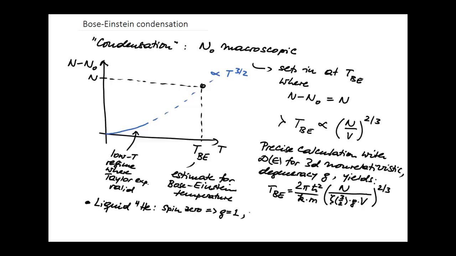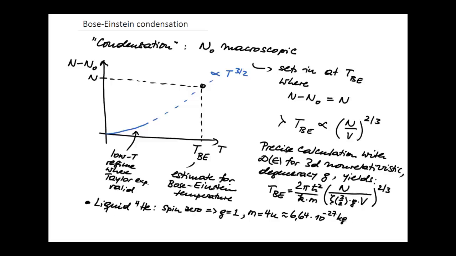Helium-4 is, of course, composed of 4 nucleons, so its mass is 4 times the atomic mass unit, and this is approximately 6.64 times 10 to the minus 27 kilograms.